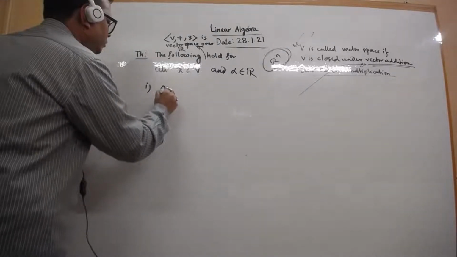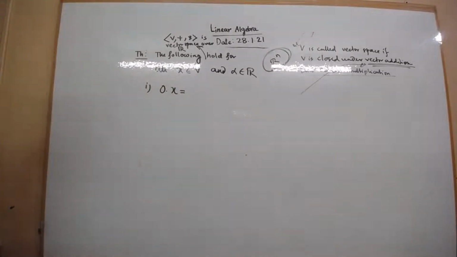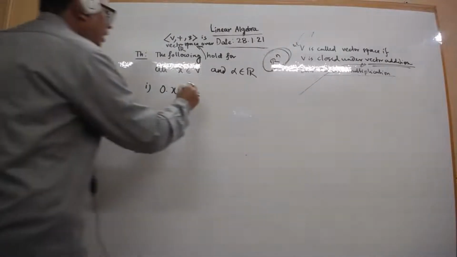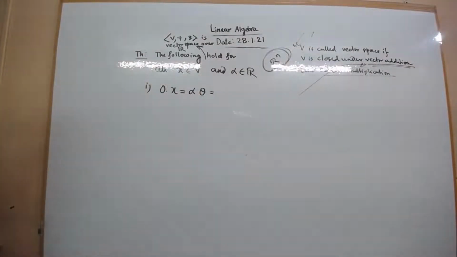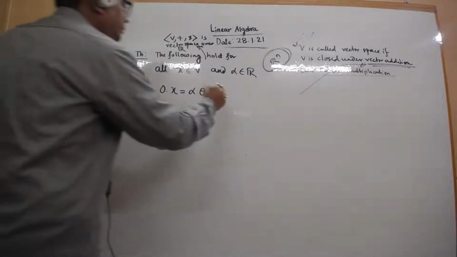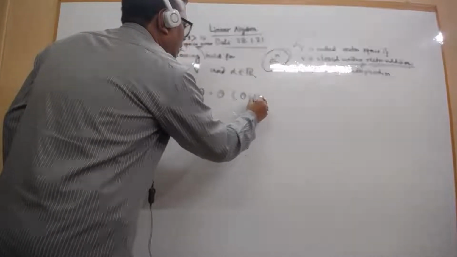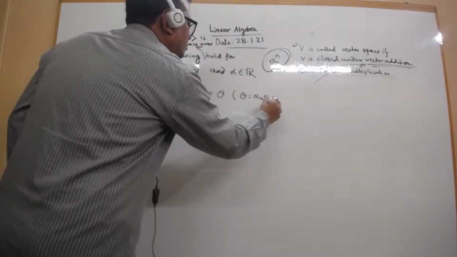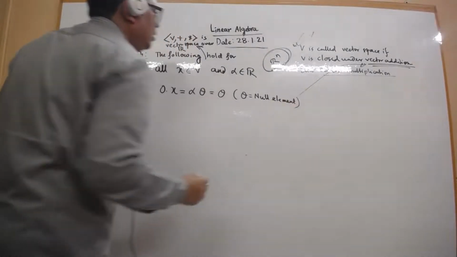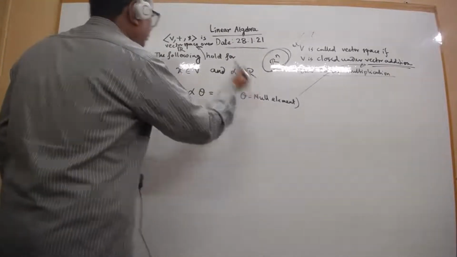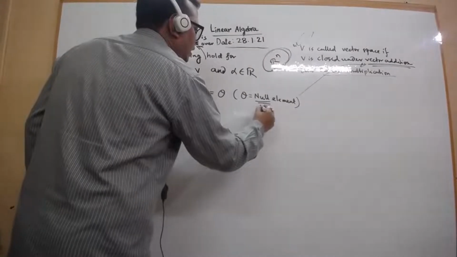Zero x equals theta, and alpha theta equals theta. Theta is your null element, and since V is your vector space, this is called the null vector.